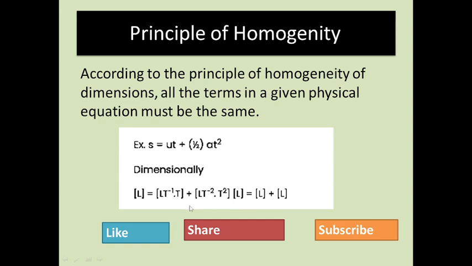So finally we will have L equal to L plus L. All these 3 terms have the same physical dimensions. So this is called the principle of homogeneity.